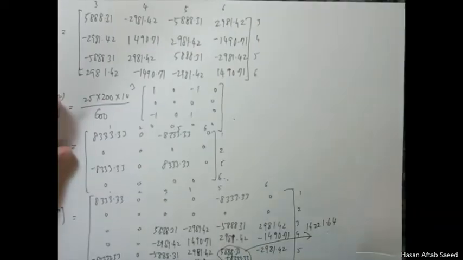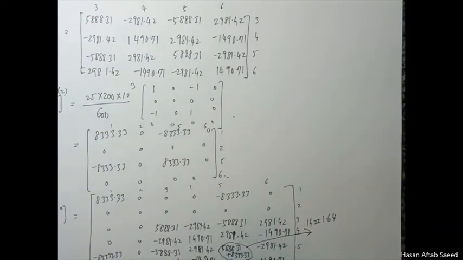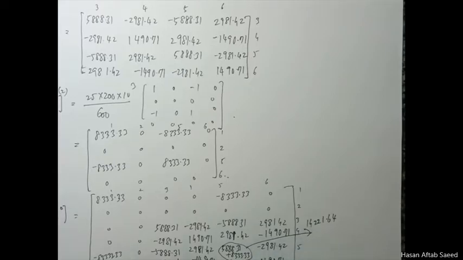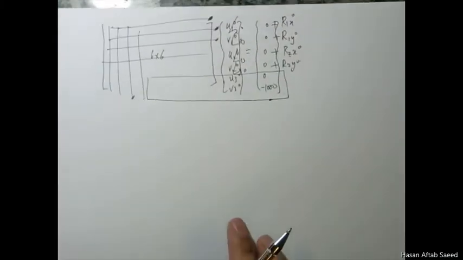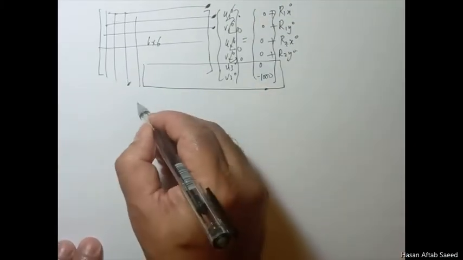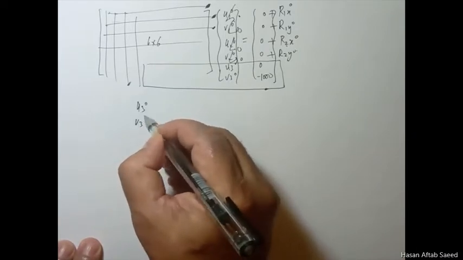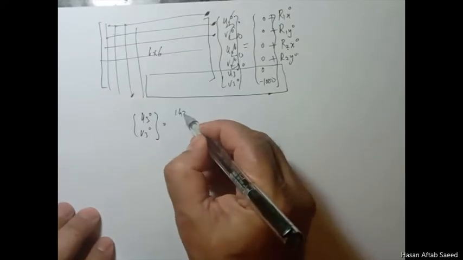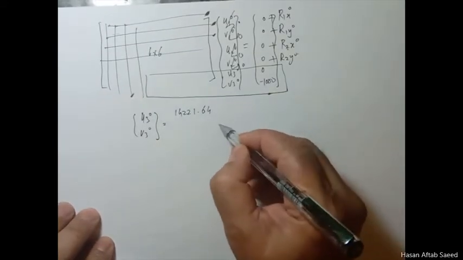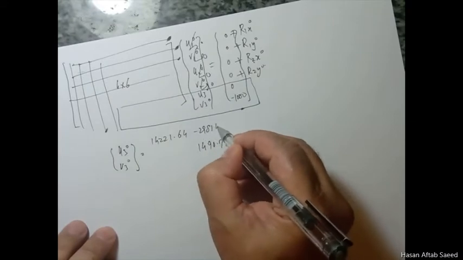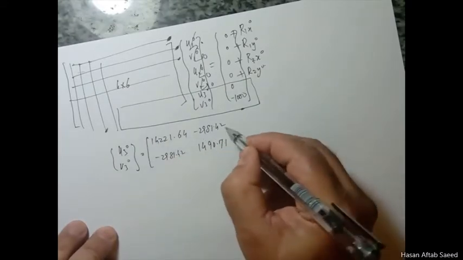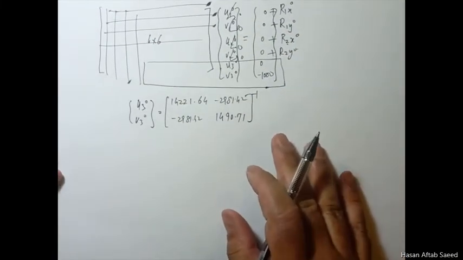We're talking about this one, and that means that u3 v3 are -1422 1.64 -2981.42 inverse, because this goes to the other side.